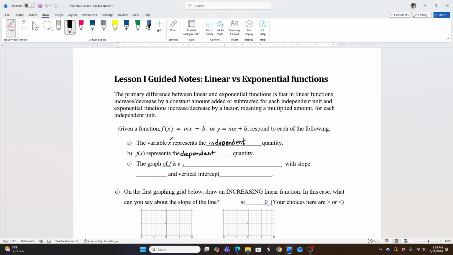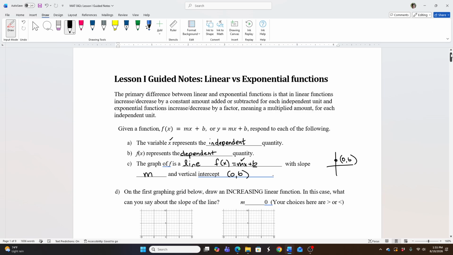The graph of f of x is a line of the form f of x equals mx plus b, where the m represents the slope, and the b is the vertical intercept, or (0, b). That's the point on the y-axis where the line crosses the y-axis.